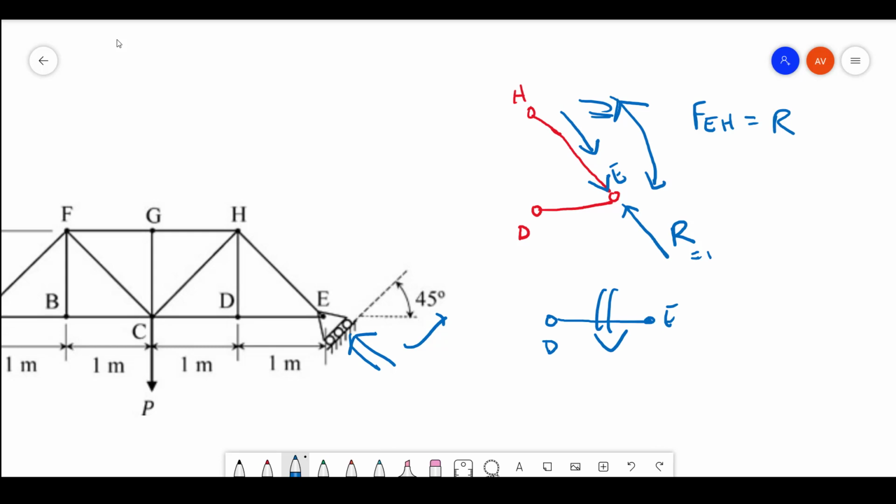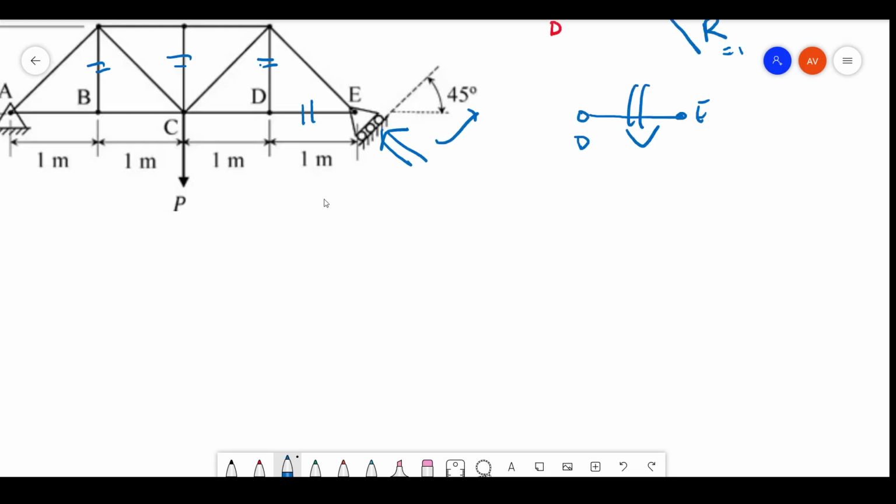Now when you finally conclude, you have this member, this, this. So 1, 2, 3, 4. All these four members are going to have zero force. Now look at point D. Your forces are going to be equal, that is FCD is equal to FDE.